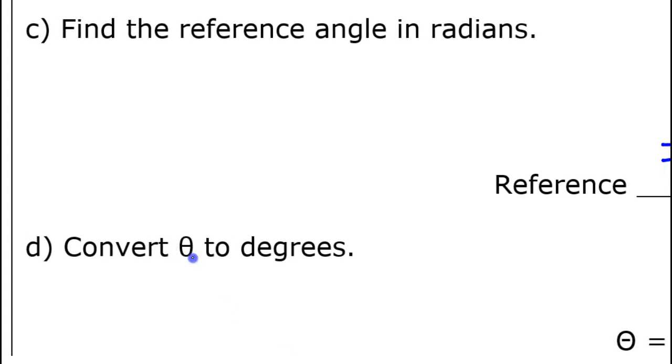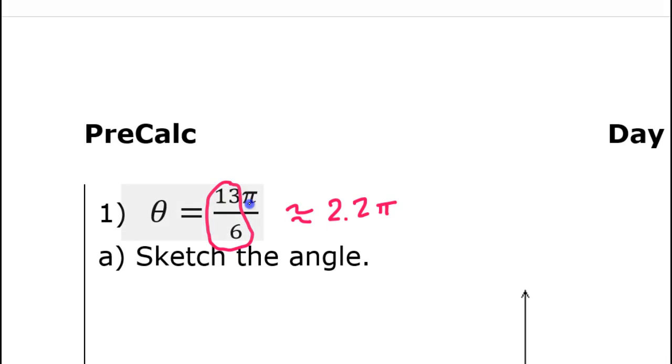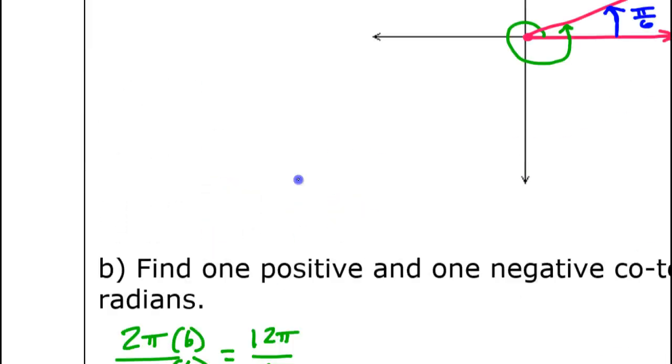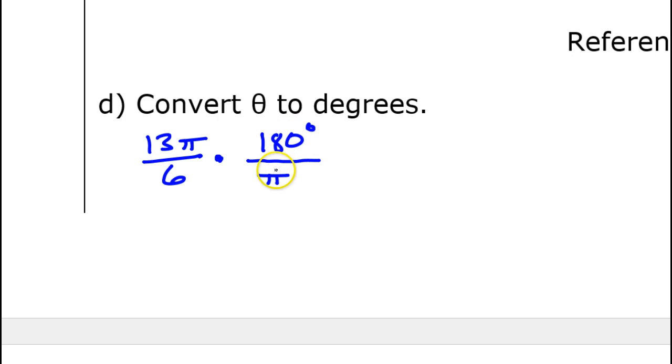Now, we need to convert theta to degrees. And again, theta is this original angle, 13 pi over 6. So I need to take my 13 pi over 6 and convert to degrees. If you want to convert to degrees, you need to multiply by 180 degrees over pi. 180 degrees and pi are the same thing, so we are really multiplying by 1.